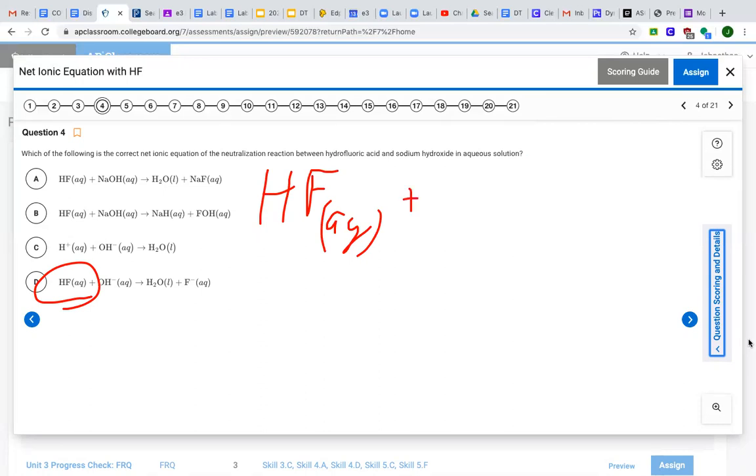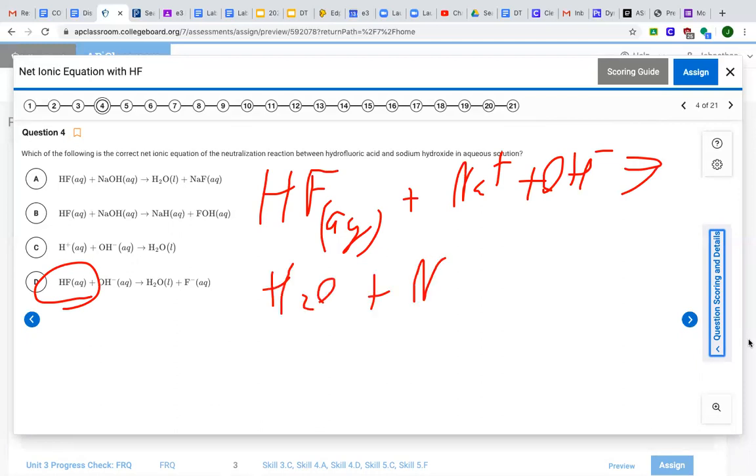Plus NaOH, so Na plus OH minus yields H2O plus Na plus, now an ionized species, sodium fluoride, plus F minus. And so then your spectator ion is just Na plus. This is exactly what happens.